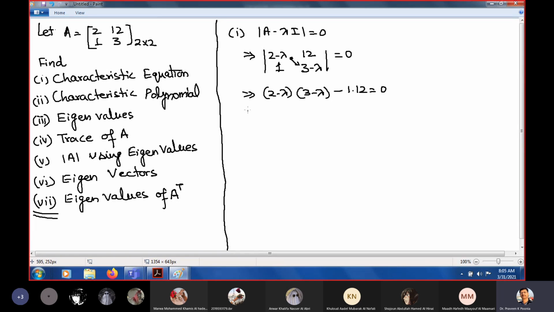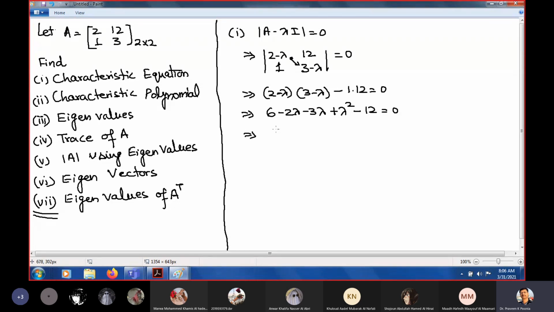equals 0. Now multiply 2 into 3 is 6. 2 into minus lambda, minus 2 lambda, minus lambda into 3 is minus 3 lambda, minus lambda is plus lambda power 2. 12 into 1 is 12.